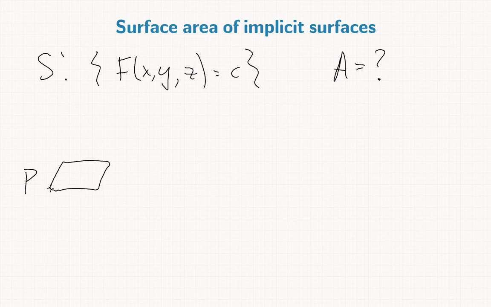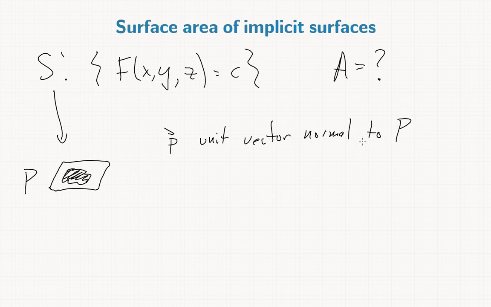So the rough idea is that we'll compute the area of S by looking at the area of its projection or shadow onto some plane P. So we'll let P be a unit vector normal to a plane P, and we'll usually take P to just be K, so that P is the XY plane, or maybe I should say parallel to the XY plane, but it doesn't really matter.